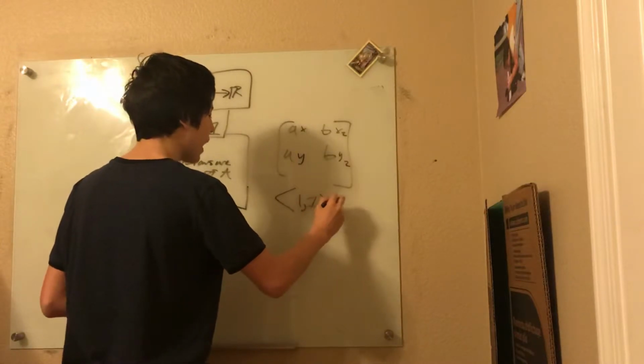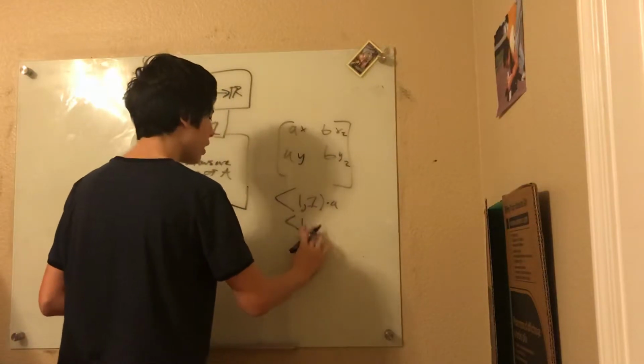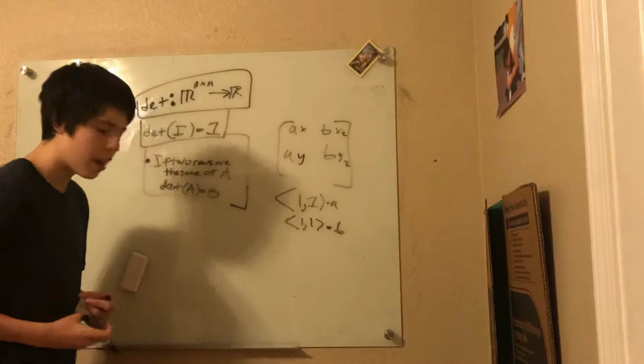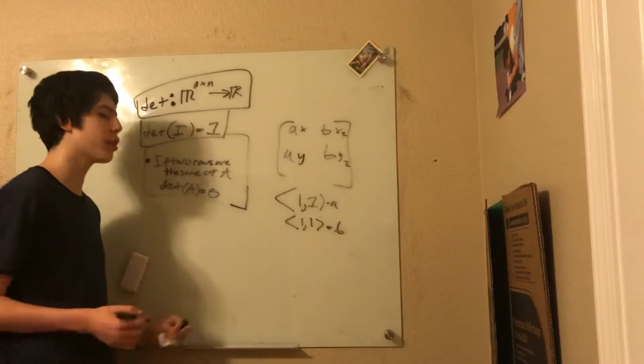Multiplied by A and multiplied by B, right? Not unit vectors per se, but they go the same direction.